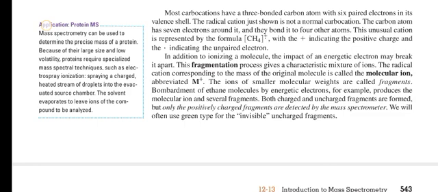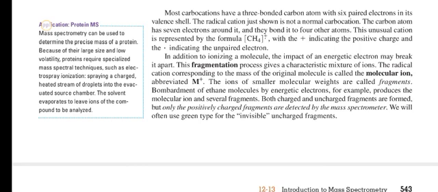In addition to ionizing a molecule, the impact of an energetic electron may break it apart. The fragmentation processes give a characteristic mixture of ions. The radical cation corresponding to the mass of the original molecule is called the molecular ion, abbreviated M+. The ions of smaller molecular weights are called fragments.